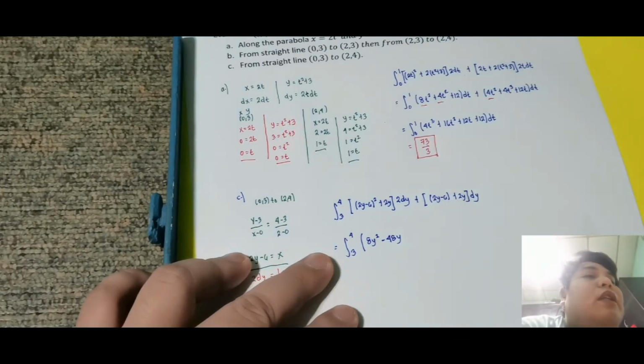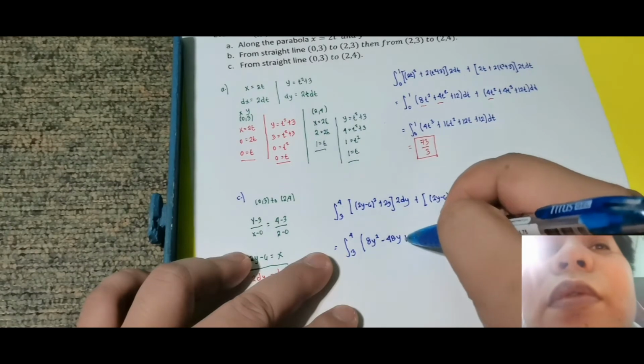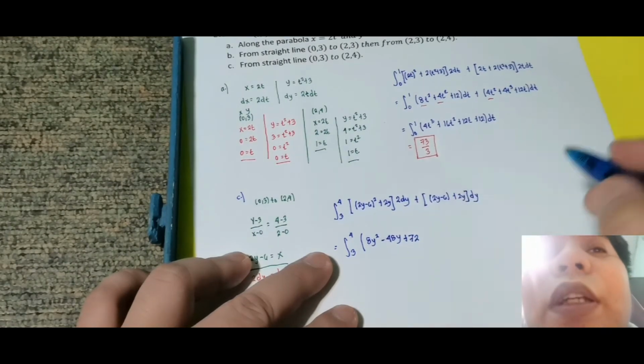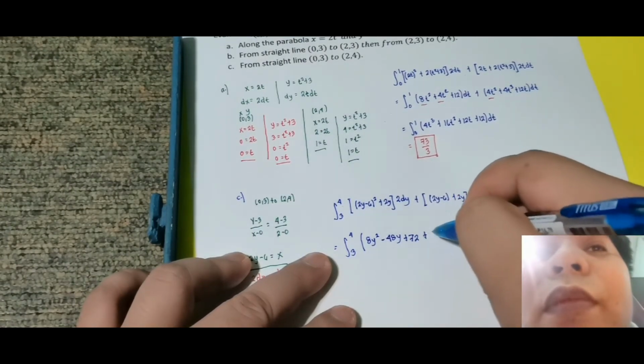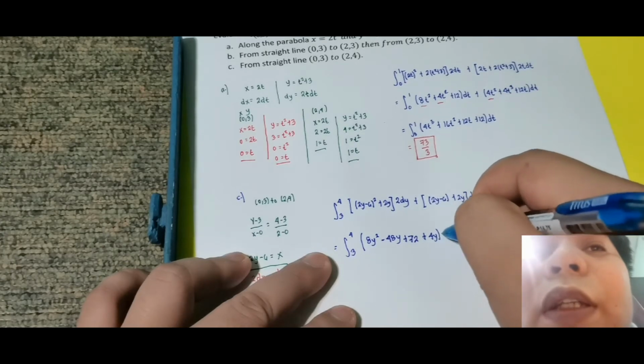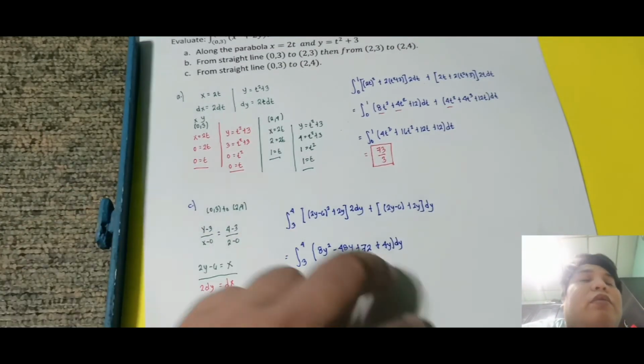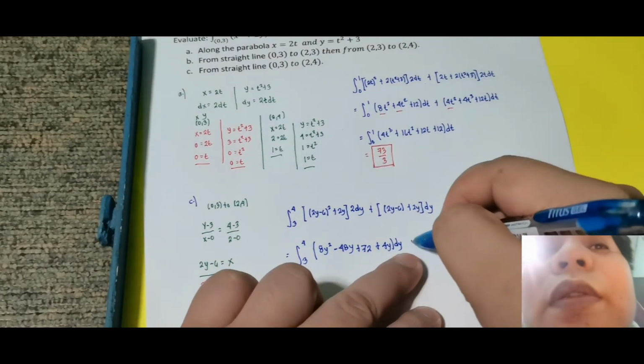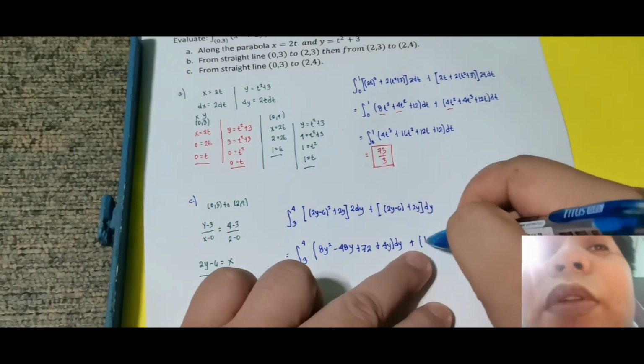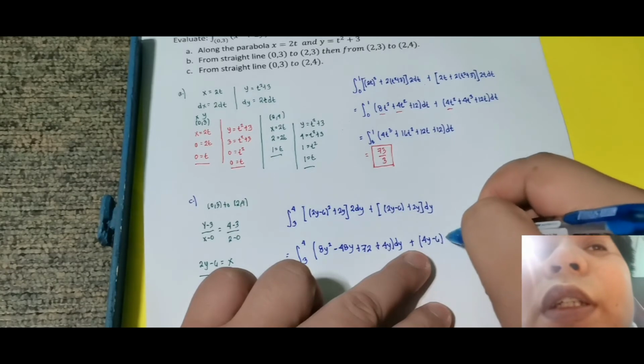Then plus 36 times 2, that is 72. Plus 4y, then dy. Minumultiply ko na kasi yung 2 after my expand. Okay, then plus, this is just 4y minus 6 dy.